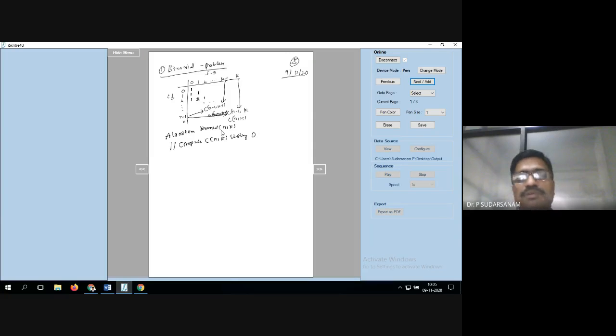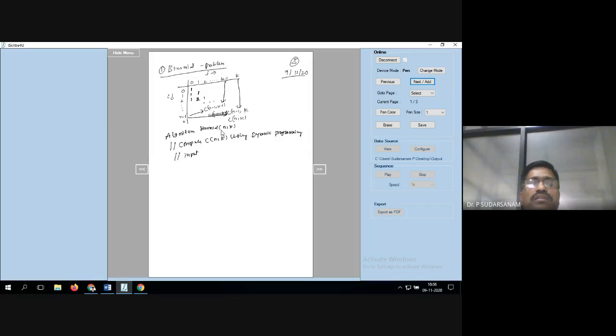So you want to calculate C of n comma k. The input is integer values that you need to give.